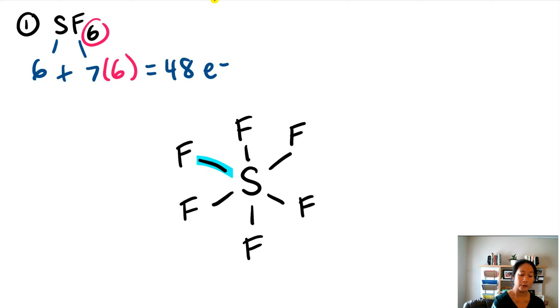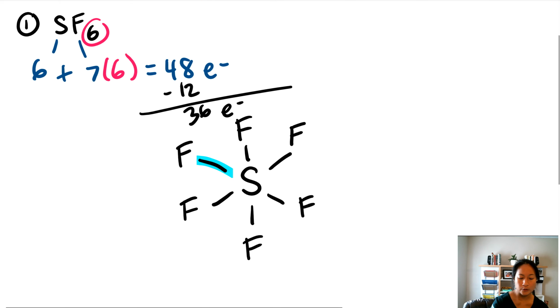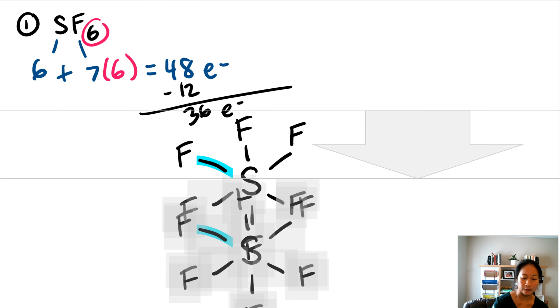So I have used a total of 6 bonds. So that means I've used so far 12 electrons, and I need to subtract out those 12 from my total. So we're going to minus the 12 here that we just used in our bonds. And so we're going to have 36 electrons left over. So after I subtract out the lines, those 36 electrons are now going to be the dots in our Lewis diagram.